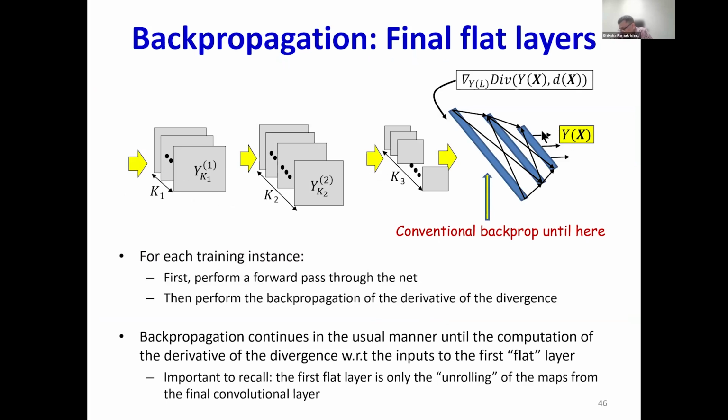For any individual instance, you're going to get an output of the network. You can compute a divergence between this output and the desired output. And then you can backpropagate the derivatives of the divergence to the first layer of the MLP. And until here, you'll just be doing the conventional backpropagation for the MLP.